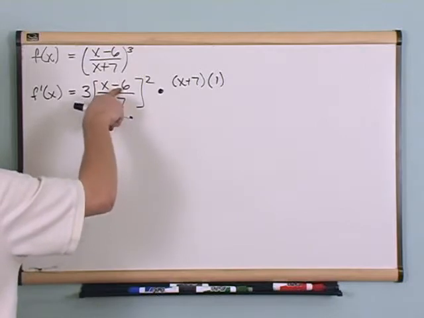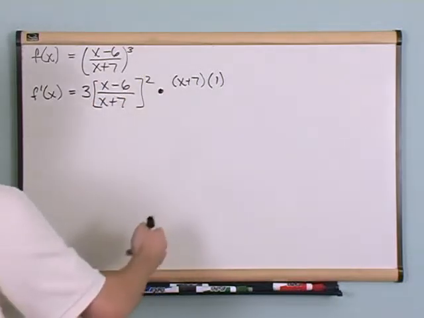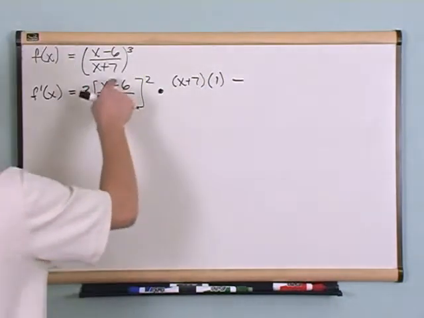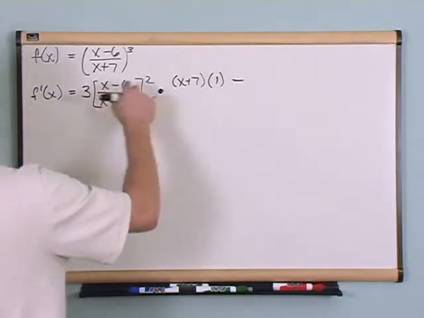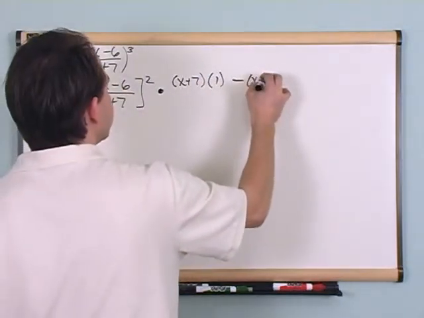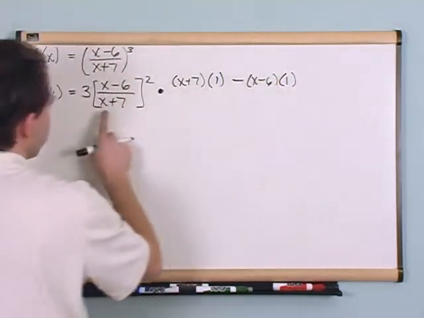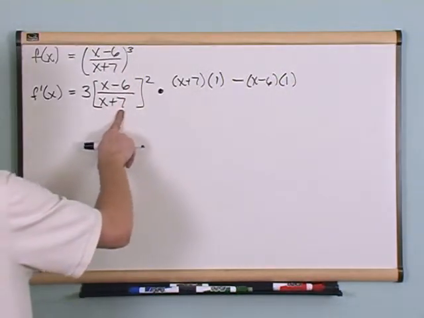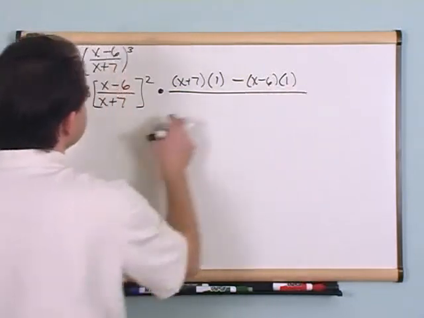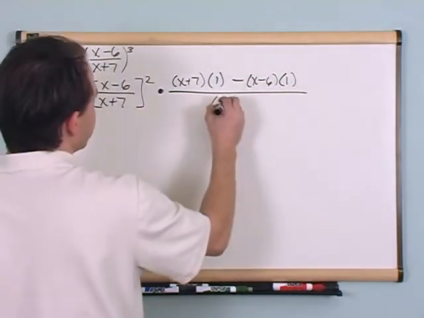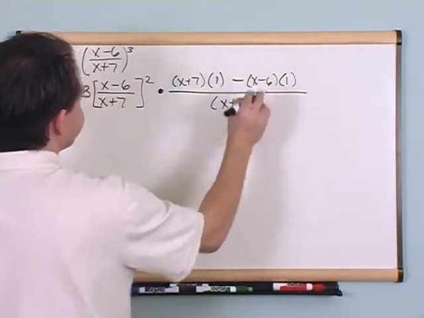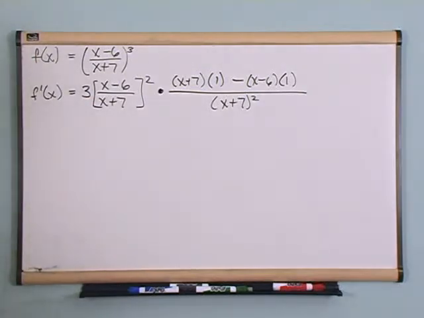The derivative of minus 6 is just 0, because that's a constant. So bottom times the derivative of the top, minus the top, which is x minus 6, times the derivative of the bottom. Again, that's just 1. Derivative of x is 1. Derivative of 7 is 0. All over bottom squared, x plus 7 squared.